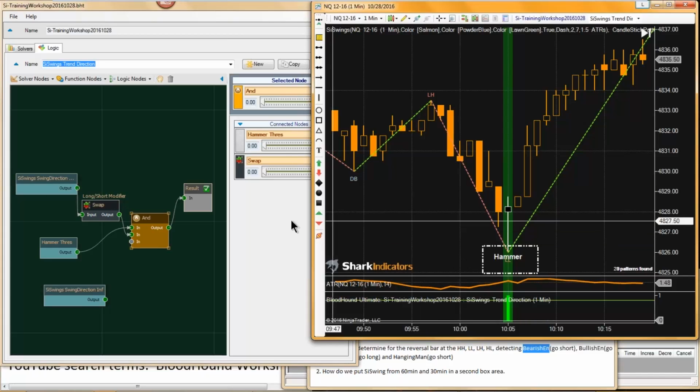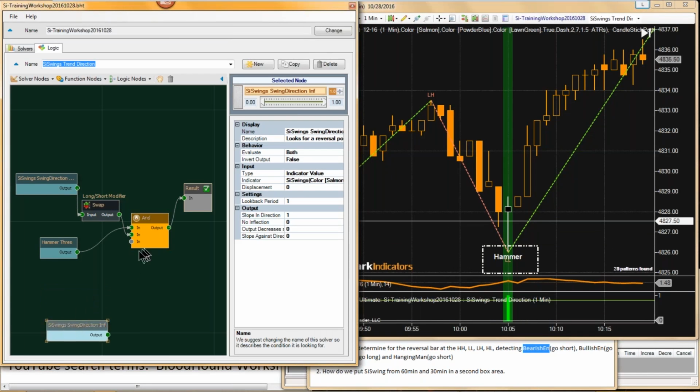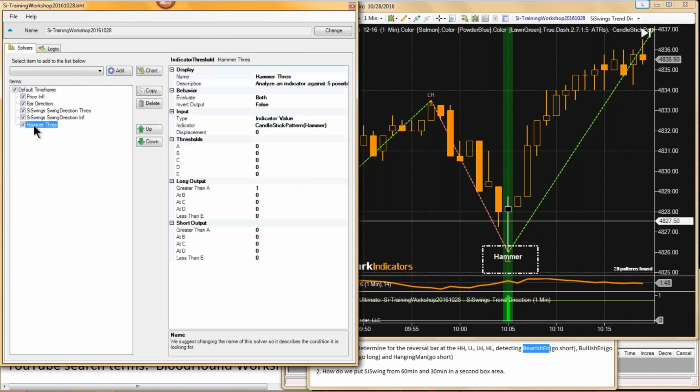And let's see, we could do some others here. All right, we'll do a bullish engulfing and a bearish engulfing.